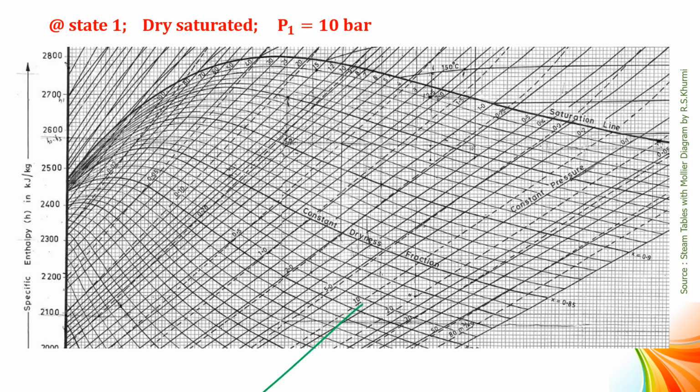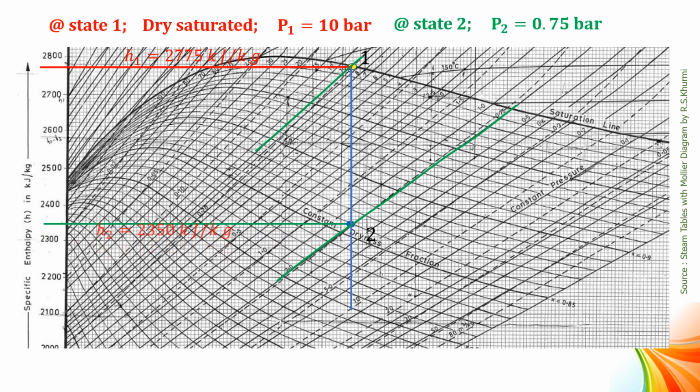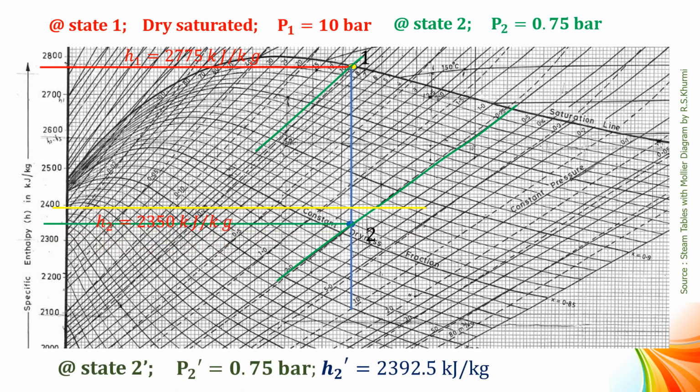Now take the same one, P1 equal to 10 bar, H1 we have found, and at 0.75 bar, the meeting point, H2 dash is 2392.5.